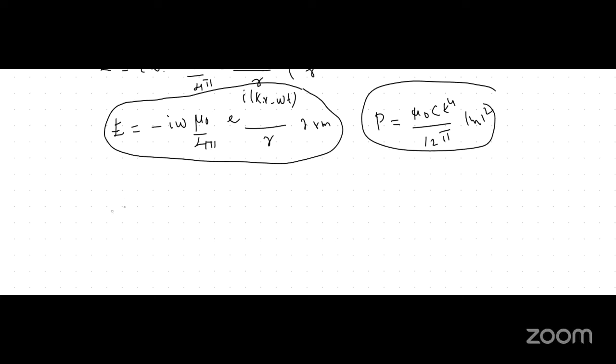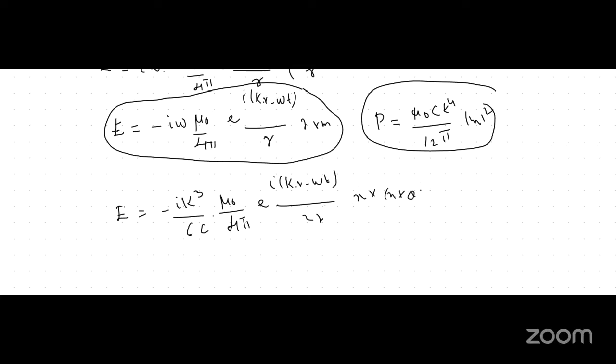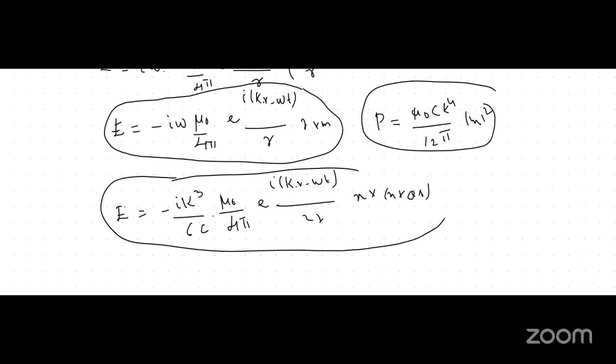So the electric field for a quadrupole radiation is given by E equals minus i k cubed by 6c, into mu naught by 4 pi, and exponential of i (k dot r minus omega t) by 2r, into x into Q of x. So this is the electric field which you are going to get for quadrupole radiation.